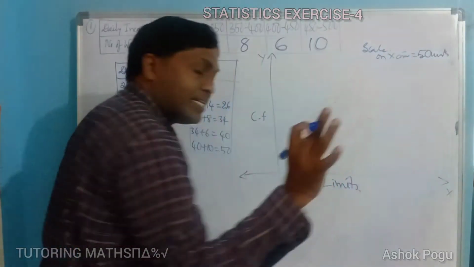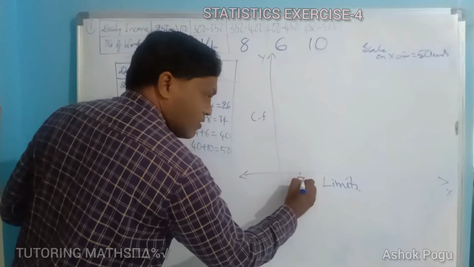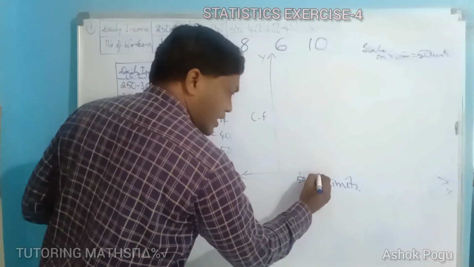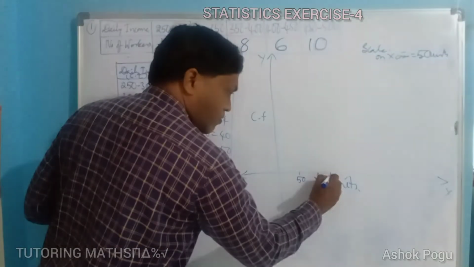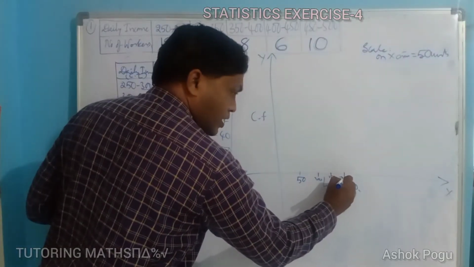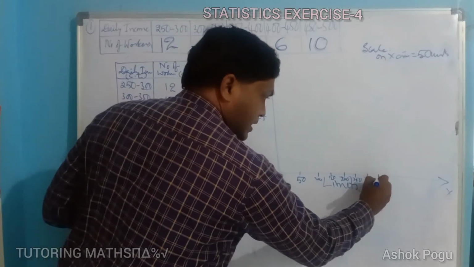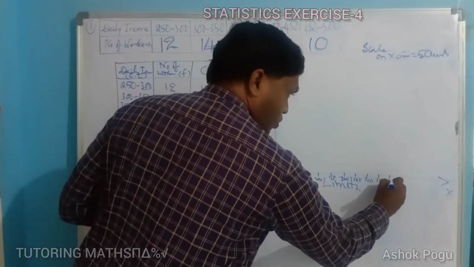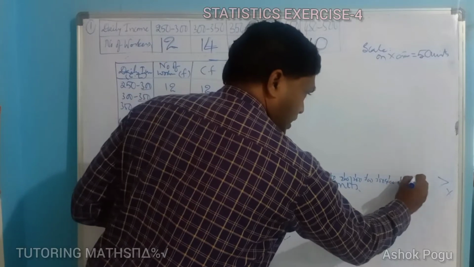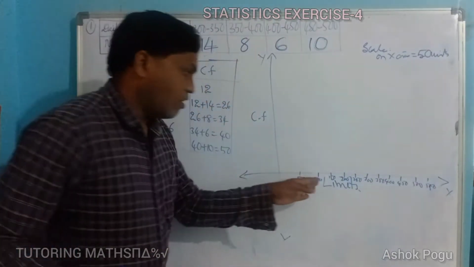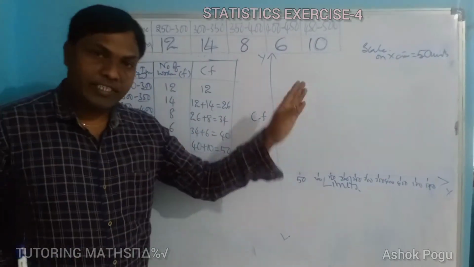If 1 centimeter is 50 units, we start with 50, because this length is 1 centimeter. 50, 100, 150, 200, 250, 300, 350, 400, 450, 500, 550. Yes, on the x-axis the limits have been taken.